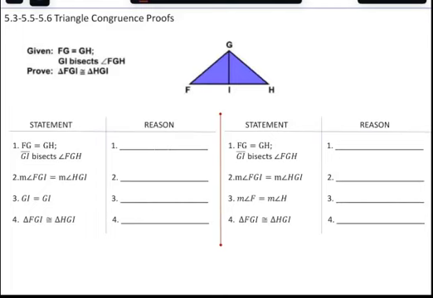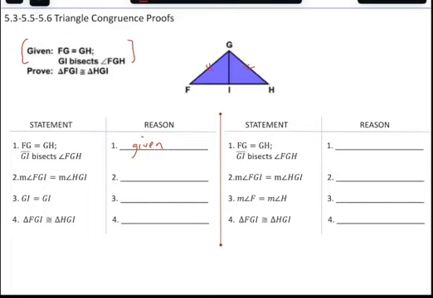So when we look at this, the first thing that we do is we check to see, is the first statement our initial state, the given information? It is, so we can write given for our reason, and we can label what we have. FG and GH are equal, so I'll mark those with the corresponding tick marks.